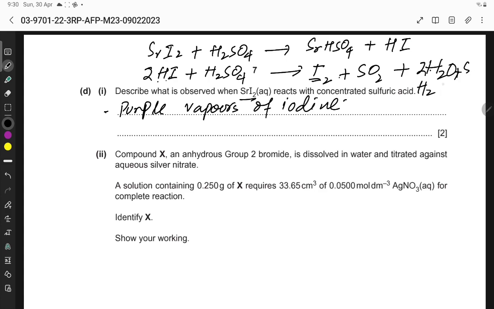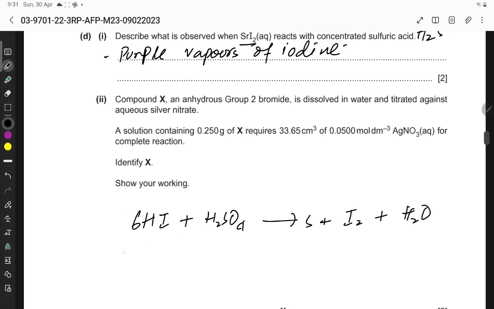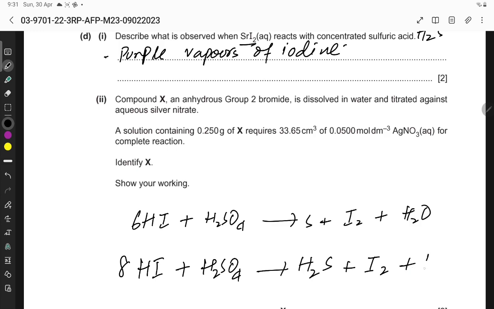When hydrogen iodide reacts with H2SO4, sulfur, iodine and water are formed, and in another case H2S plus iodine and water are formed.